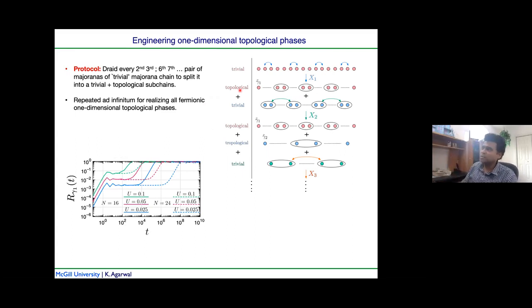Suppose you have a bunch of these Majoranas, and they're all quasi-Majoranas. They overlap with one another. They're laid out in a 1-dimensional chain. You can engineer Majorana end modes by doing the following. You double braid periodically gamma 2, gamma 3, then gamma 6, gamma 7, and so on.